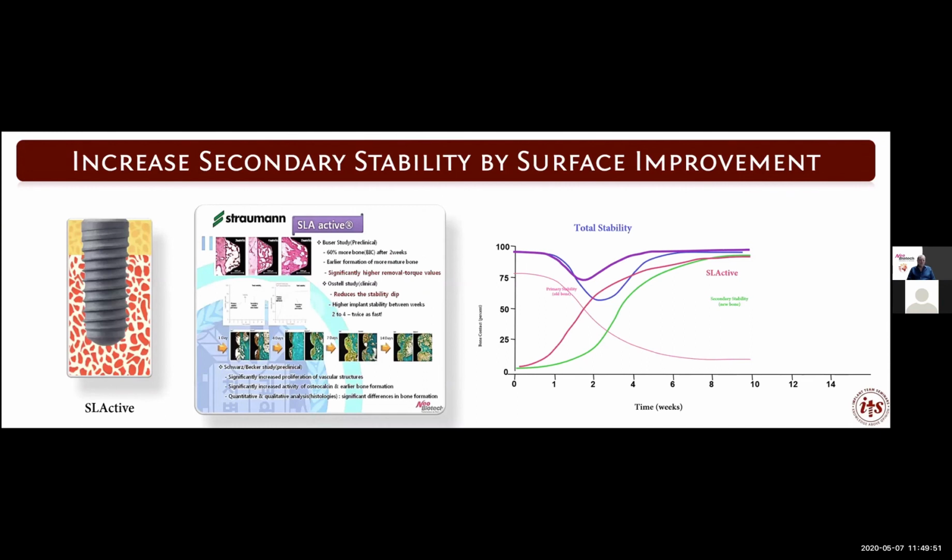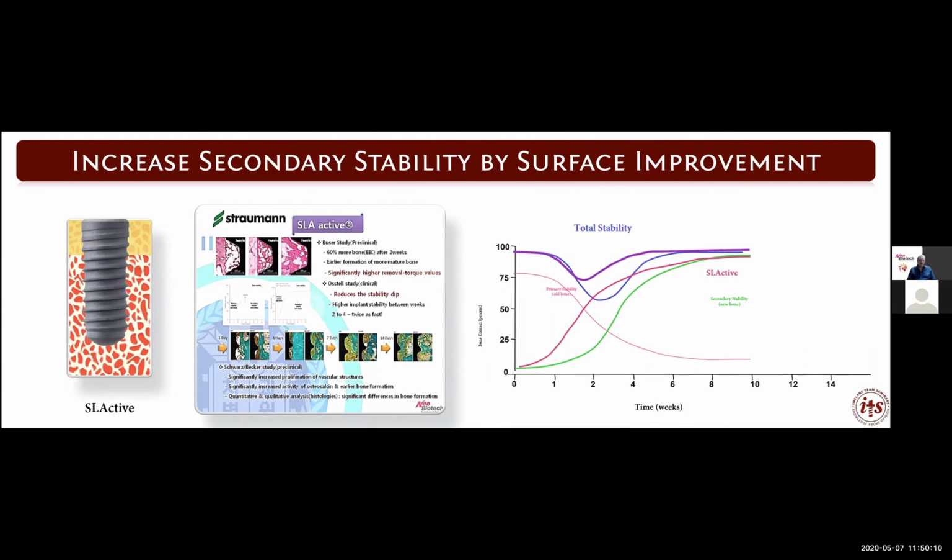But with the SLA surface on the Biotech implants, there is 60% more bone implant contact after only 2 weeks. This earlier formation of more mature bone significantly reduces the stability dip.